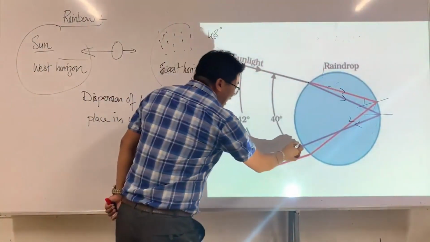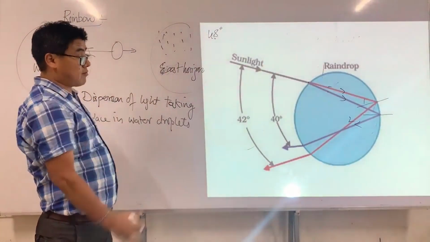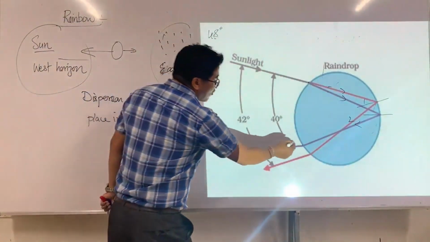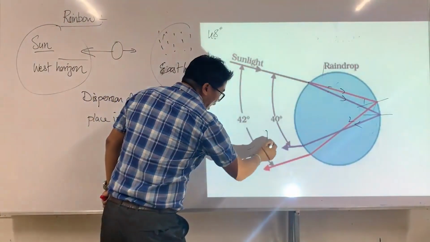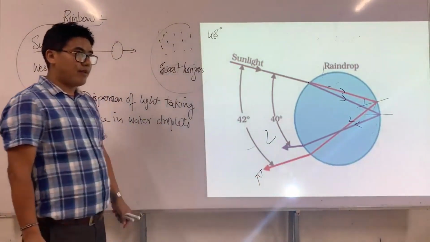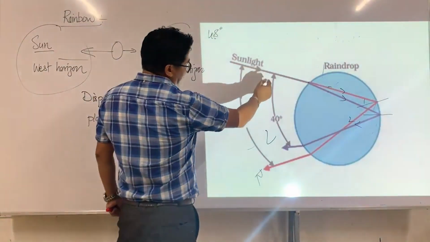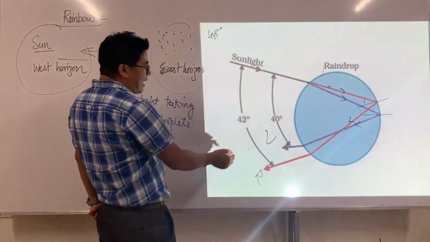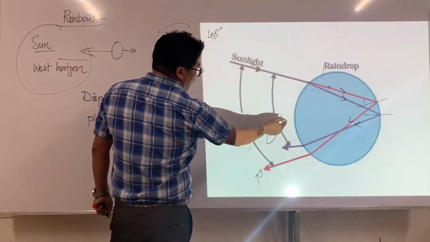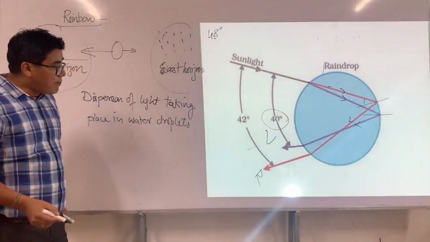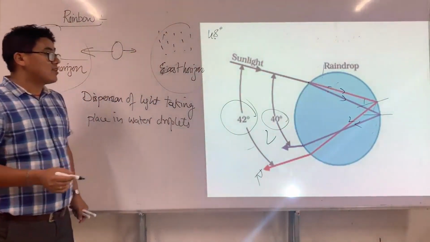And then when the light comes out from the same face of the raindrop, it further undergoes refraction. And it comes out, this is violet, this is red. It is such that the angle between violet and the incident sunlight is 40 degrees, and the angle between red and the incident sunlight is 42 degrees.